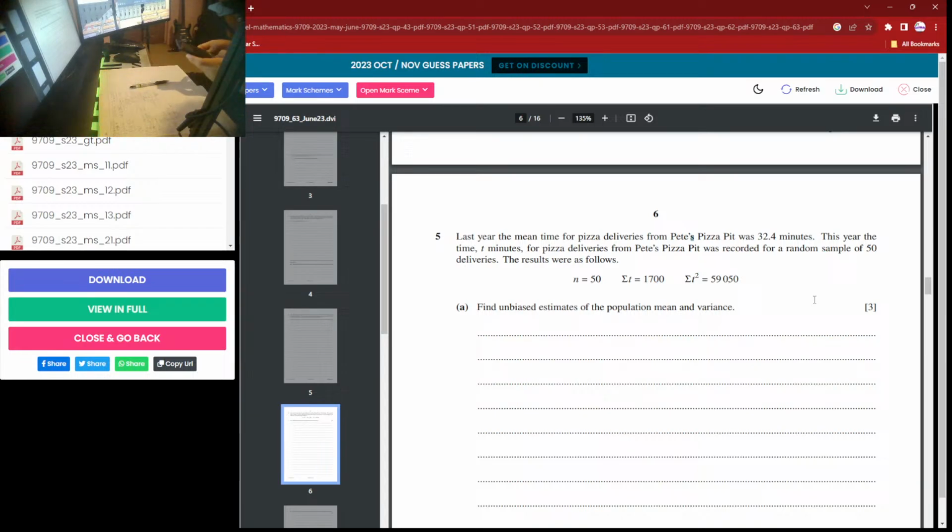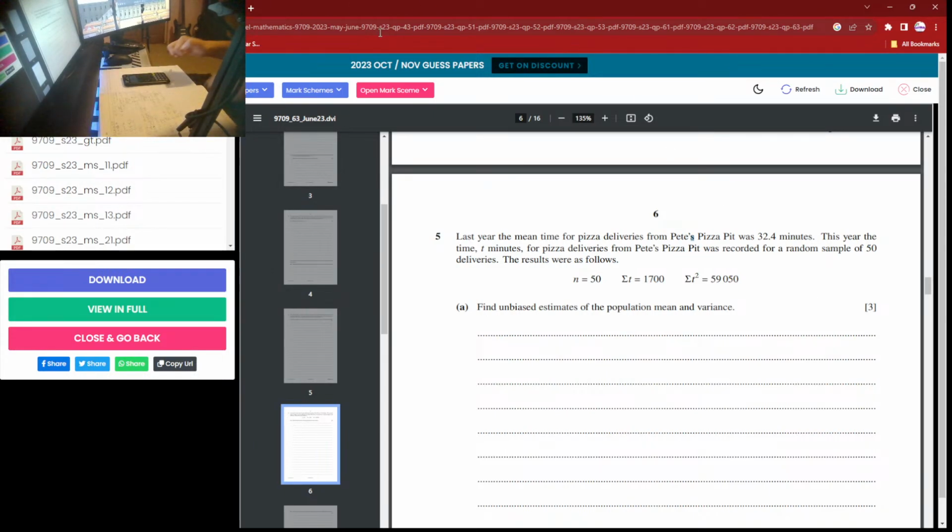So from this we will get 2.24. P(X) is more than 2.24. So it's actually 34 minus 32.4 divided by root of 25.5 over 50. And then we will get 2.24.